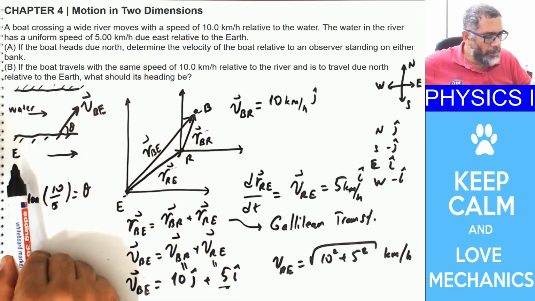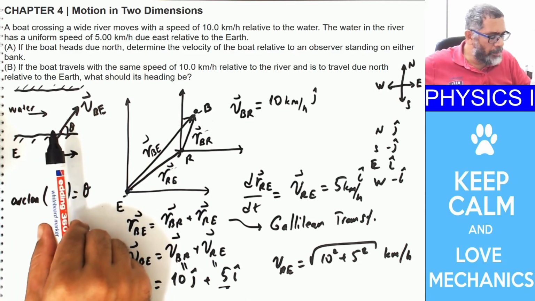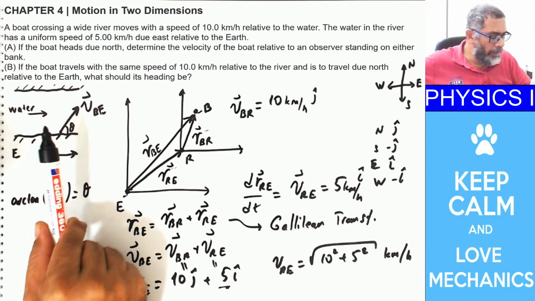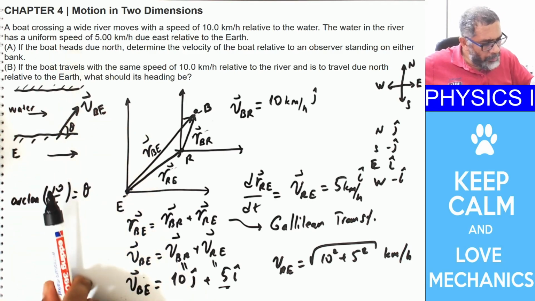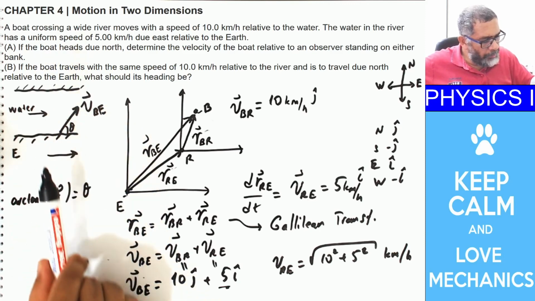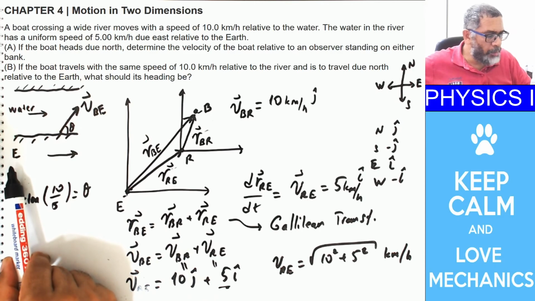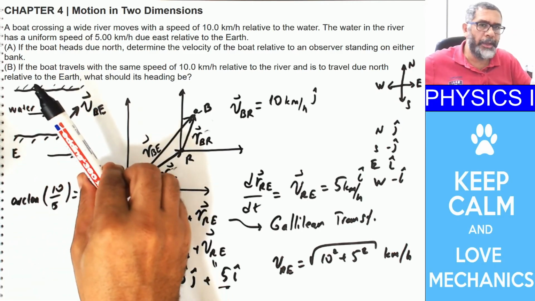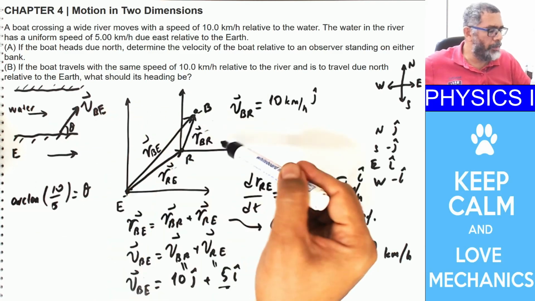So somebody on the Earth is seeing the boat really actually moving, crossing perpendicular to the bank of the river, going in this direction, even relative to Earth. So what will its heading be in that case? I mean, its velocity relative to water.